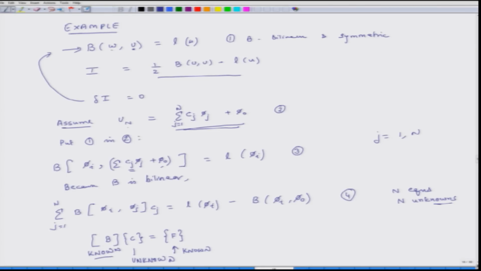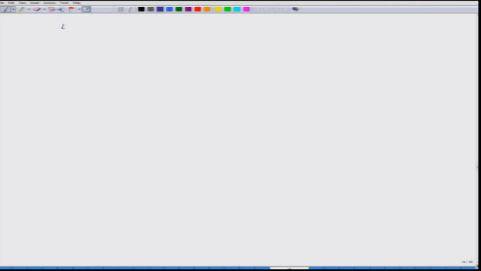Now I can solve these equations and get the values of C's. We will do an example. So, which formulation is this? The Rayleigh Ritz formulation.